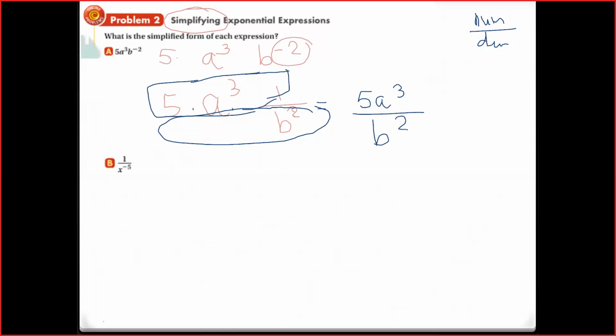Now look at b here. I will solve b, then we're going to have a break. Then after a break, we will continue the second period of math. Now 1 over x to the power -5. Every time you see a negative exponent, you have to go and deal with the rule.